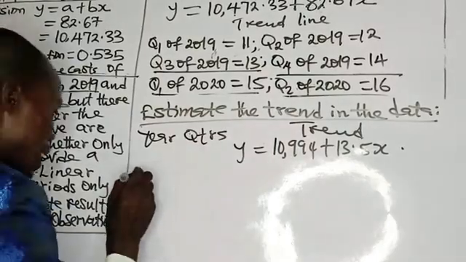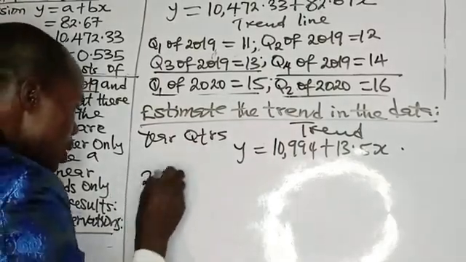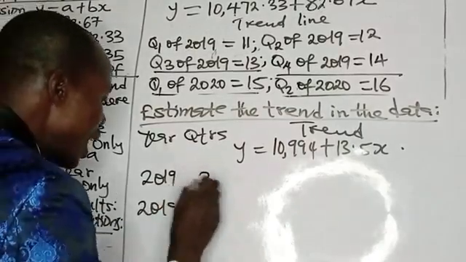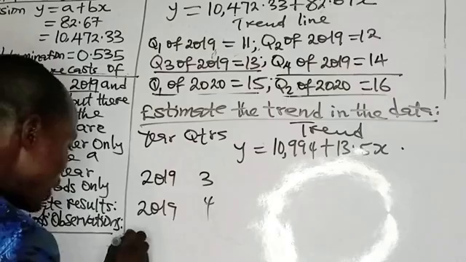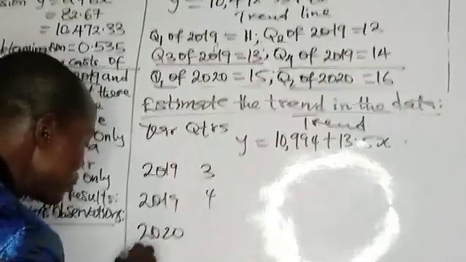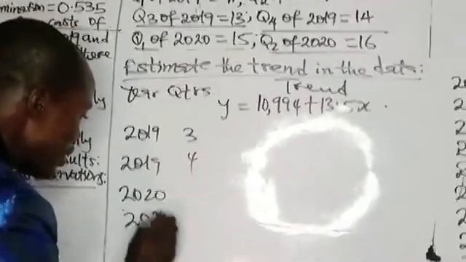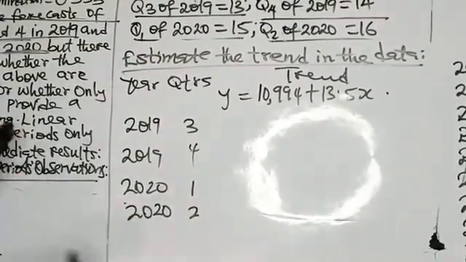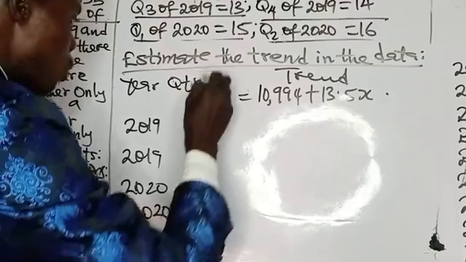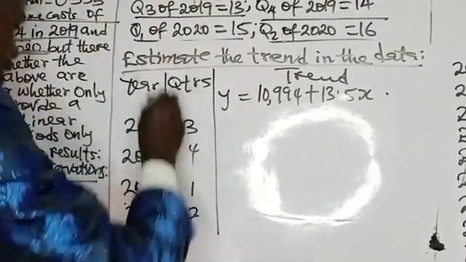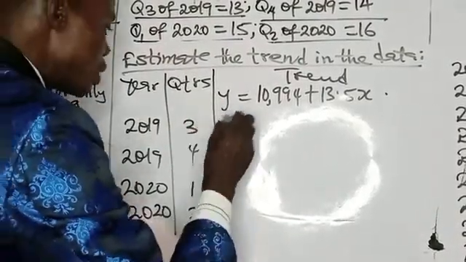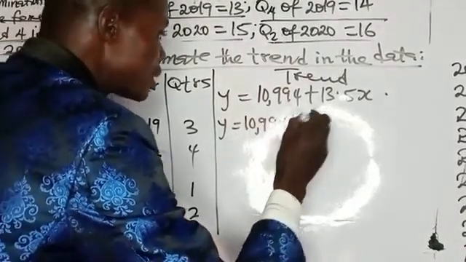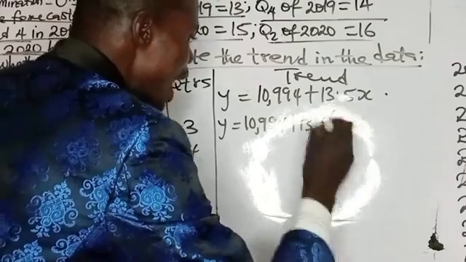So we have 2019, quarter 3 and quarter 4, then 2020, quarter 1 and quarter 2. Now, we want to estimate the value of y for each of the quarters. Y equals 10,994 plus 13.5x.